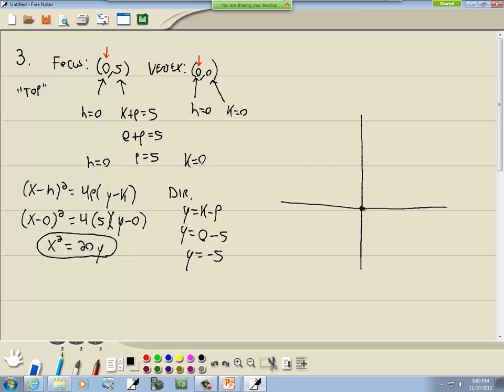So our vertex is 0, 0. Right there. Our focus is 0, 5. That should be right there. And our directrix is y is equal to negative 5. So that's our directrix.